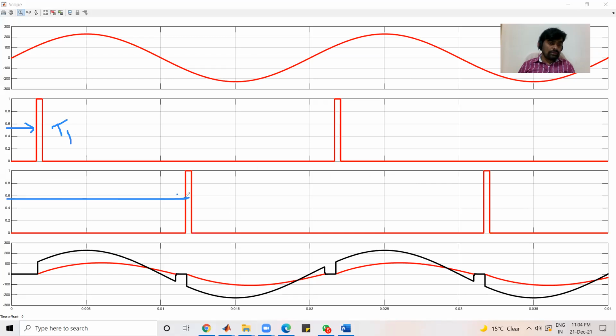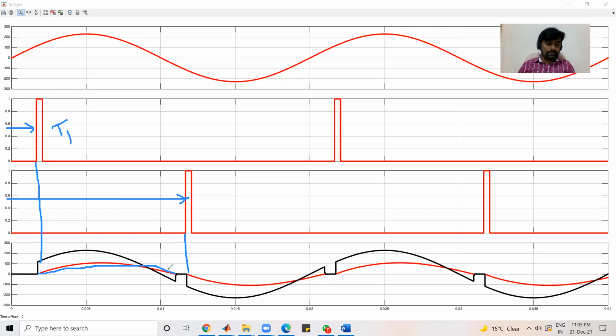At alpha equal to 180 plus 30, that is 210 degrees, T2 is triggered. And T2 will take care of negative half cycle, T1 will take care of positive half cycle. And due to inductance in the load, the current is lagging the voltage, then it is charging thereafter till discharge, right?